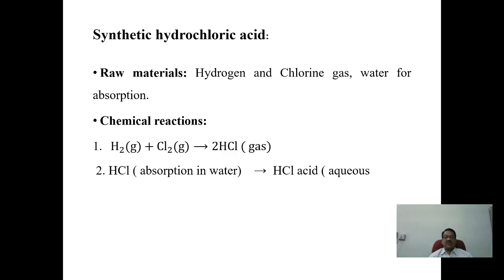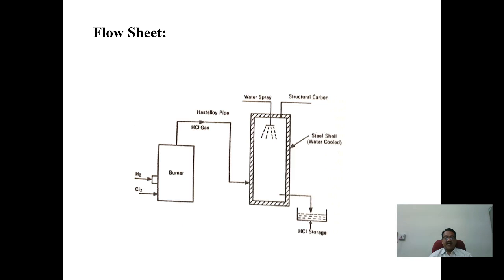Here hydrogen and chlorine are fed to the reactor in 1:1 proportion. This is the flow diagram. Hydrogen and chlorine are fed to a burner where they react with each other and form hydrogen chloride gas.